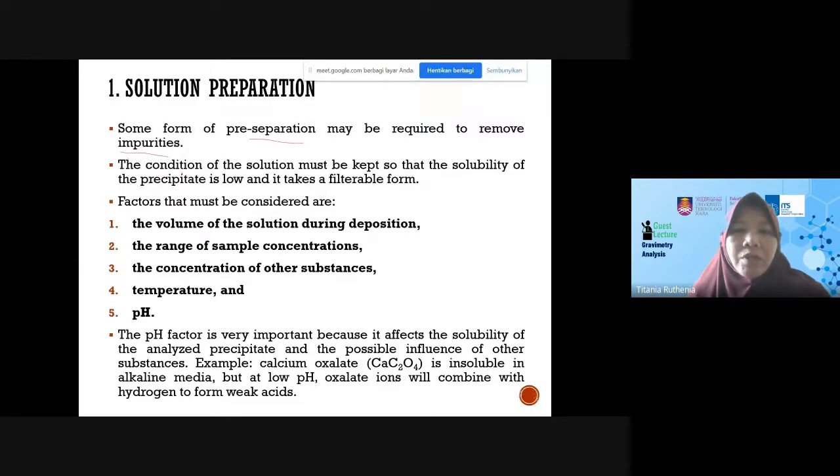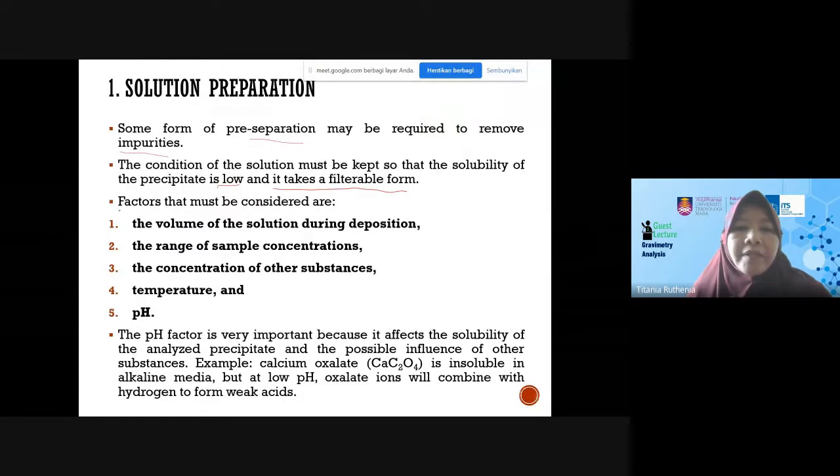The condition of the solution must be kept so that the solubility of the precipitate is low and it takes a filterable form. So it means that we have to get the precipitate instead of the solution. So the solubility should be as low as possible, so that it will form precipitate and it could be filtered and then dried and weighed.